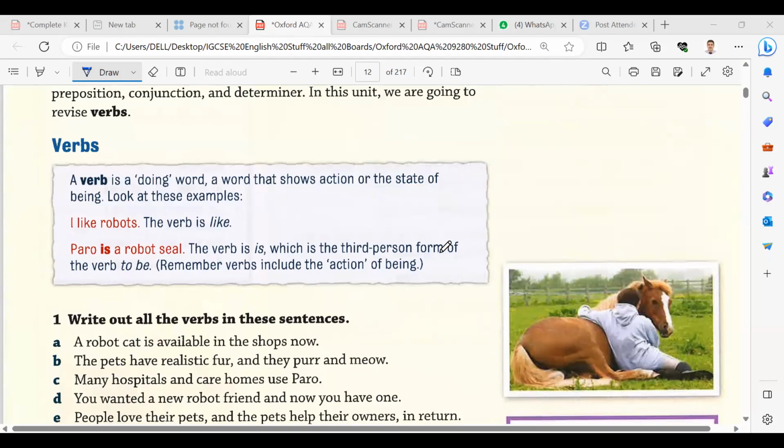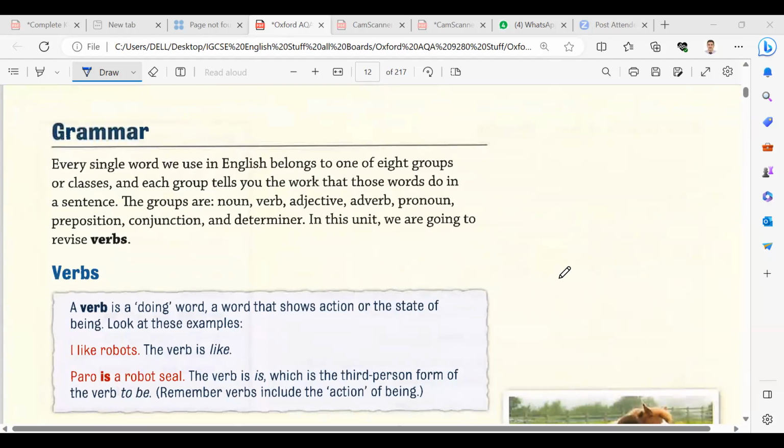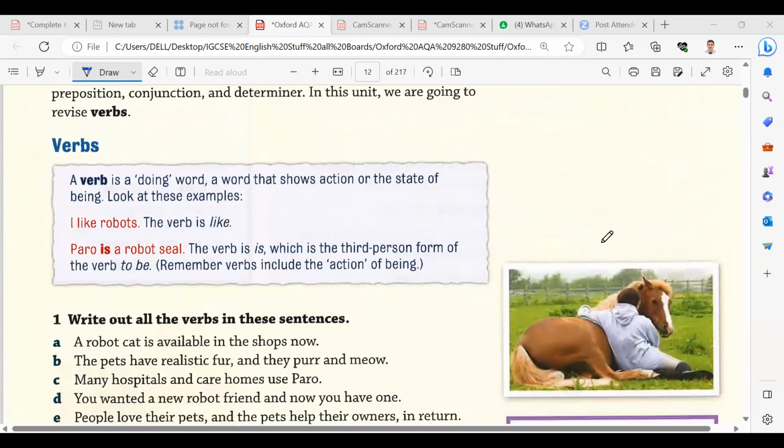What do I mean by verb? What does it mean, verb? This is an action the subject does. Yes. So a verb is a doing word, or the word that shows action, or the state of being.